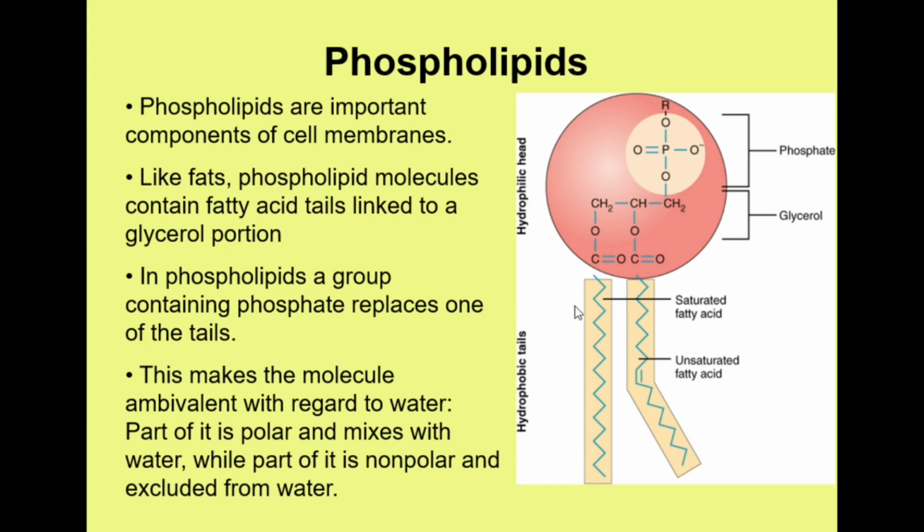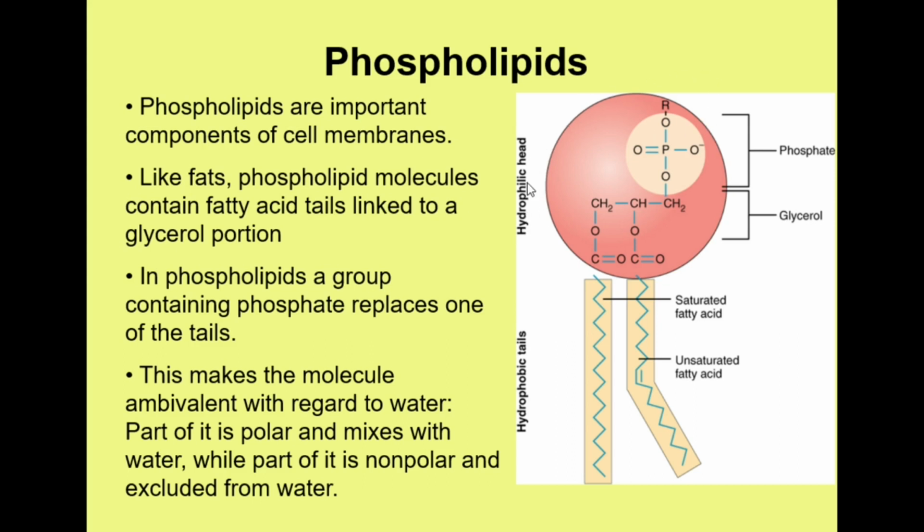So we often refer to them as the hydrophobic tails. But the phosphate group that we have up here, because of all of those oxygens, this part of the molecule is polar. And because it's polar, it can make hydrogen bonds and bonds with water. So we would refer to this part of the molecule, the phosphate containing section, as being hydrophilic. So we often refer to this as the hydrophilic head.